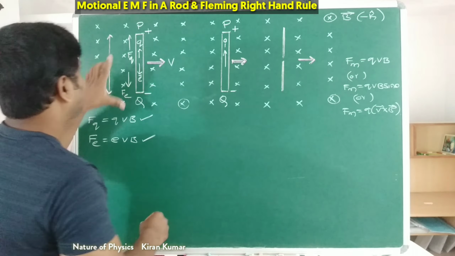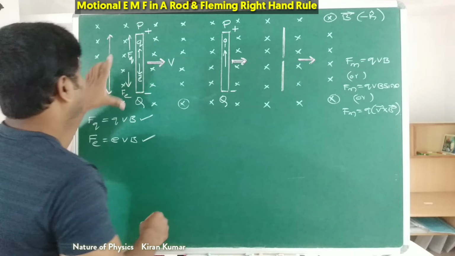The electric field direction is like this, along the direction of the induced current. The reason is from the E equals V by d relation. So E is equal to V divided by d, so the electric field E is equal to EMF divided by d, where d is taken as the length of the rod.